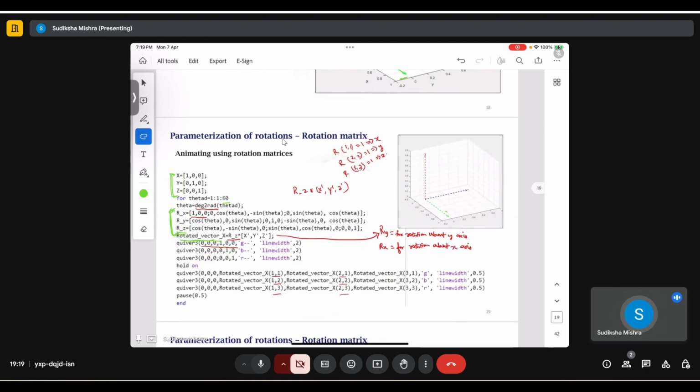The code will look something like this. This is the initial xyz point, and the angle of rotation is 60 degrees.